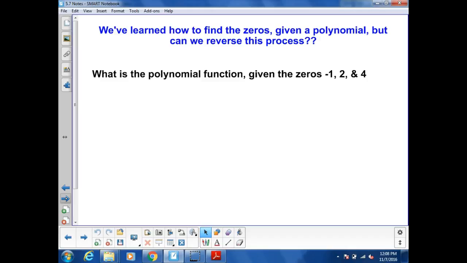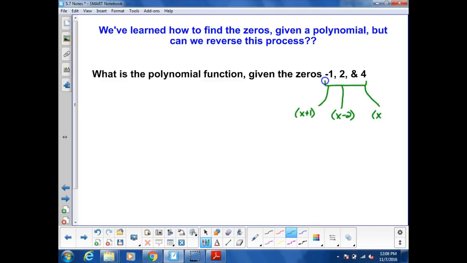So, given the fact that we have the zeros here, what does that mean? That means x plus 1 is a factor. This one is x minus 2 is a factor. And this one is x minus 4. So we have all of those factors.